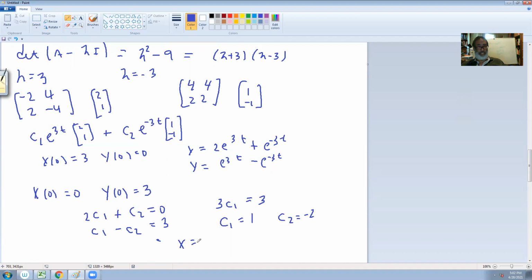So then our x would be, in this case, e to the 3t minus 2, I'm sorry, 2, I forgot about the 2, e to the minus 3t, and our y would be e to the 3t minus 2.